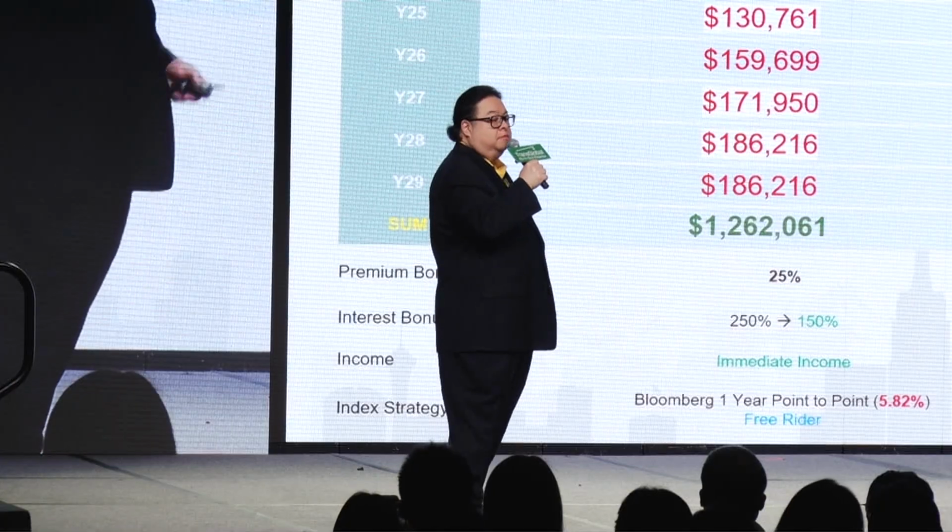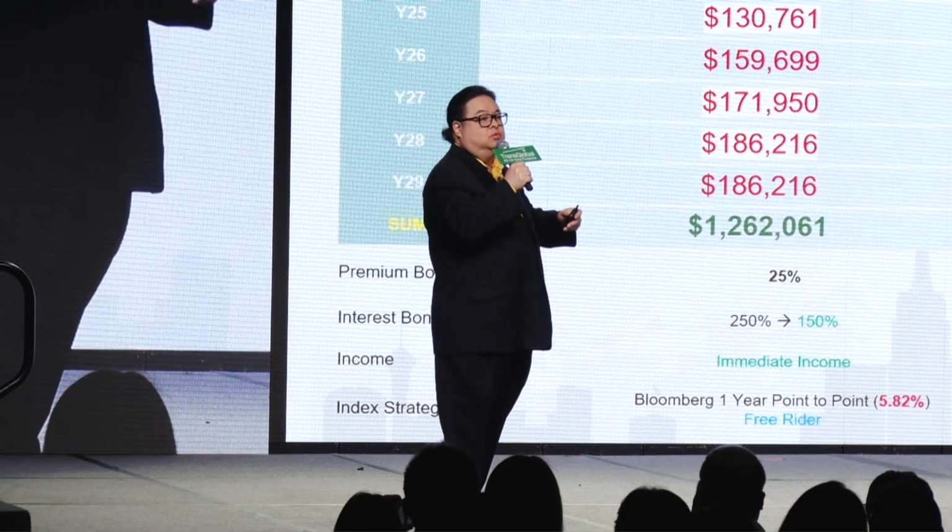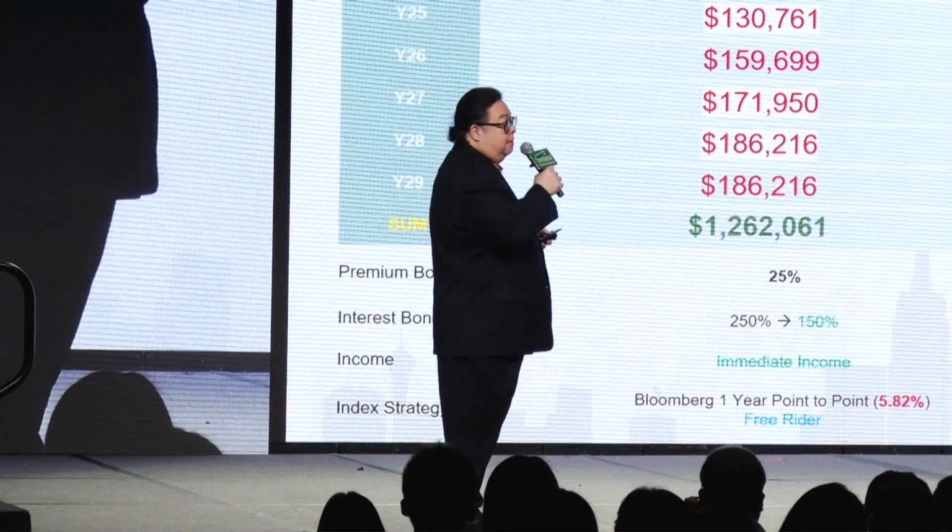Because before withdrawal, they keep a 250% par rate, so that's why they can grow higher. But after they start taking withdrawals, the par rate drops to 150%. Yeah, the interest bonus drops to 150%. I think it's from 200% dropping to 100%.